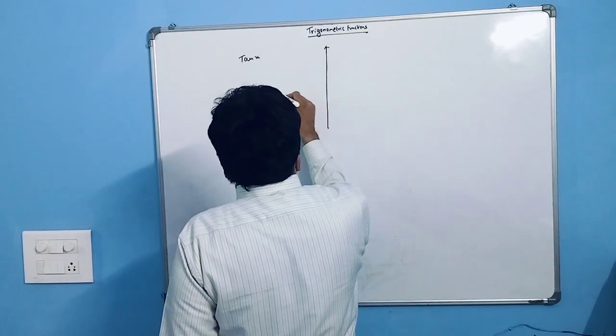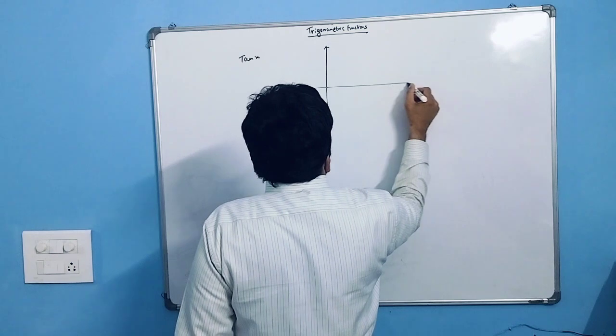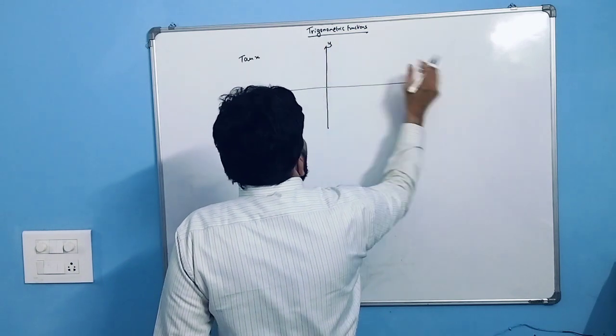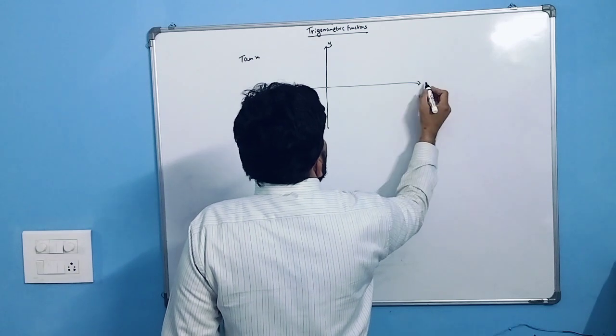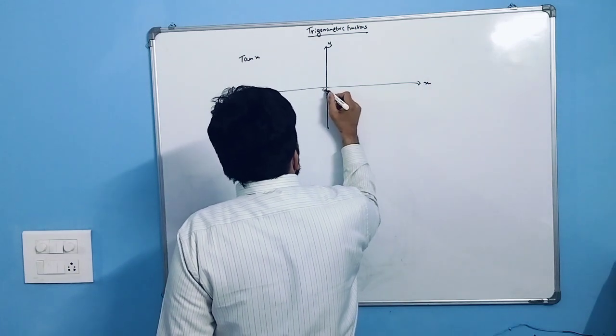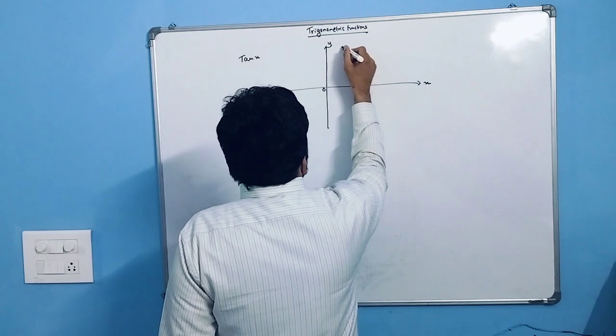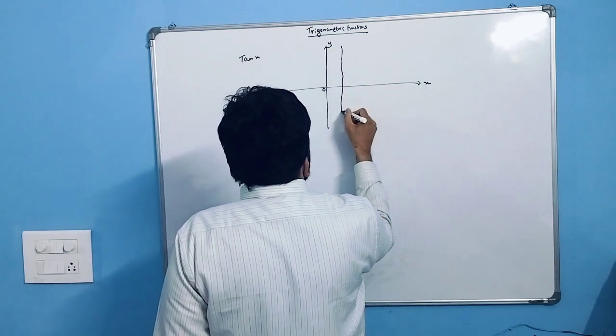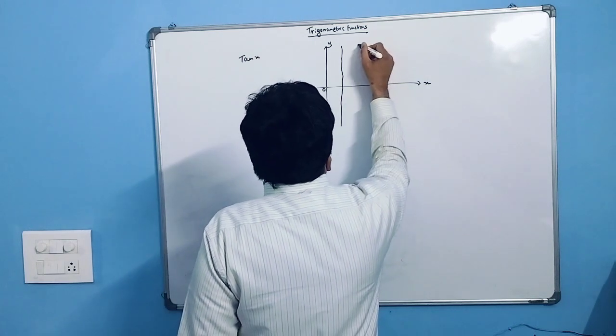Now like this is y, and this is x. 0 value. Now we will draw a few lines. Here one straight line we try to draw.